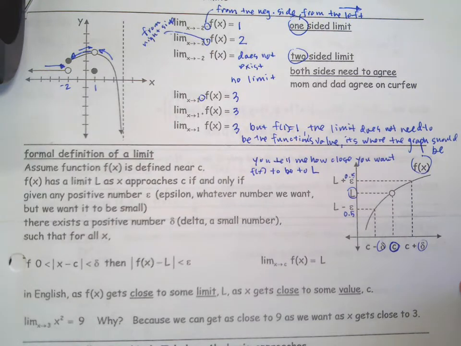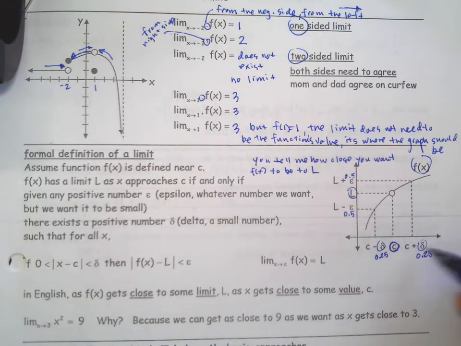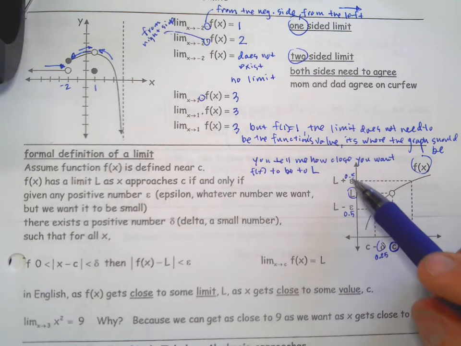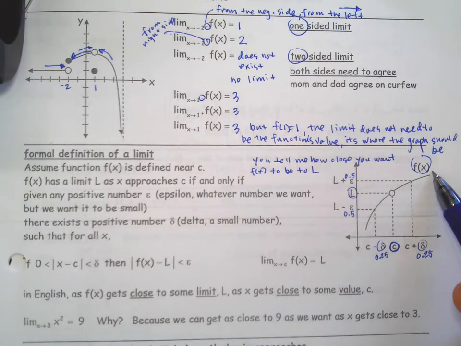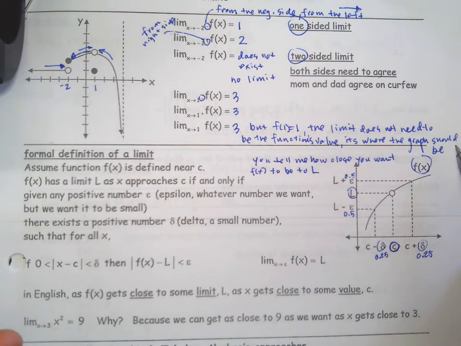Let's make up a number and say it's 0.25. If you're within 0.25 of c, your f of x value will be within 0.5 of L. That's just a simple example.